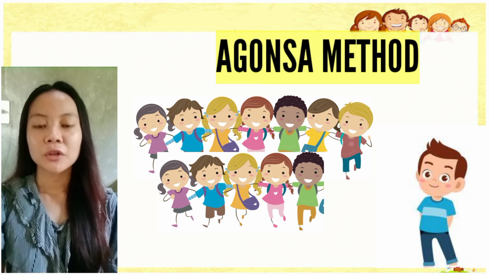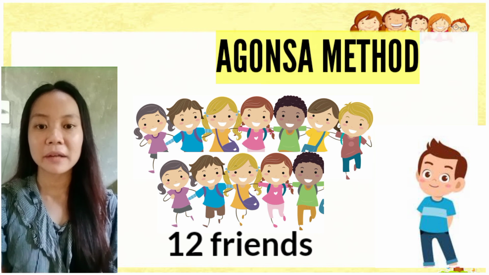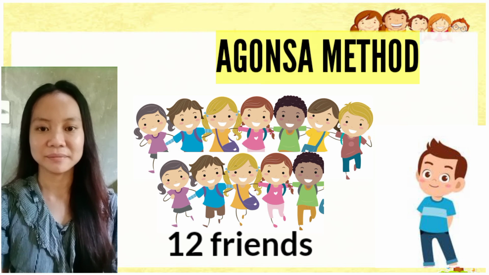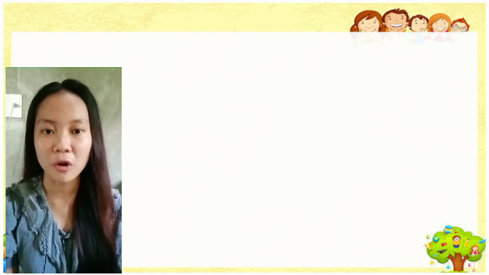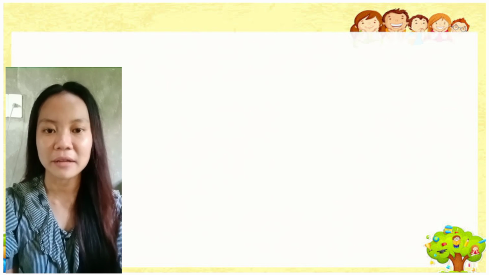So 12 of Alvin's friends are expected to come on their picnic on Tuesday. I hope now, kids, that you understand how to solve a problem using the Agonsa method.